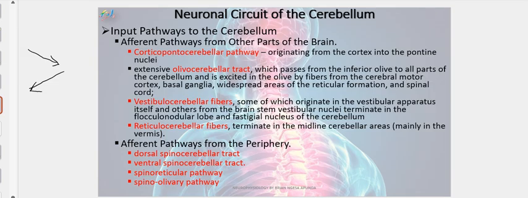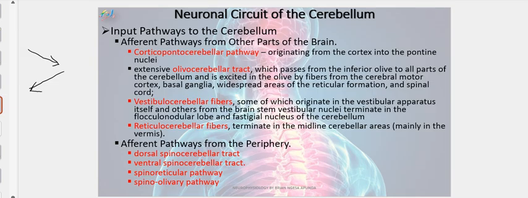Afferent signals into the cerebellum can emanate from the brain and from the peripheral part. So just by naming, we've discussed our corticopontocerebellar pathway, having the corticopontine pathway and the pontocerebellar pathway.